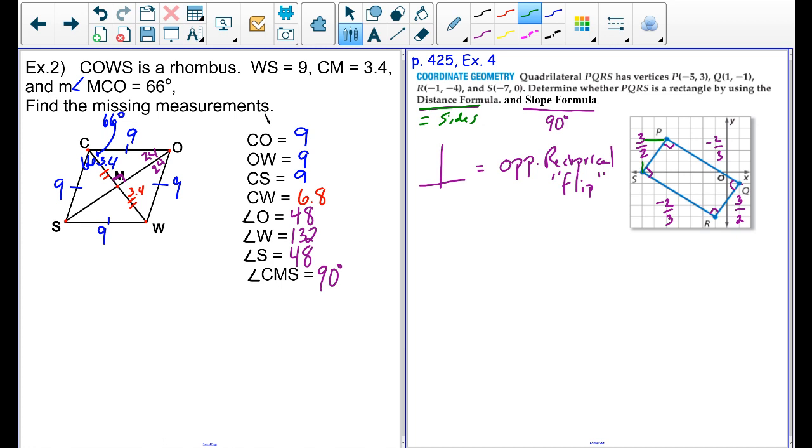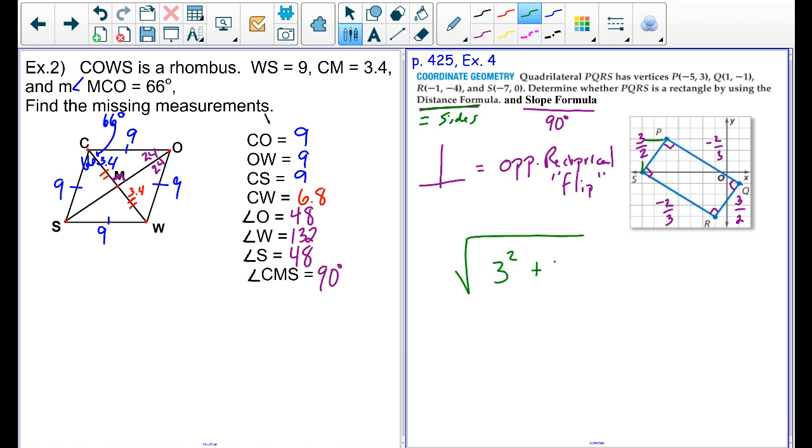Remember, distance formula uses the change in X and change in Y, right? So change in X is 2, change in Y is 3. Does that make sense?